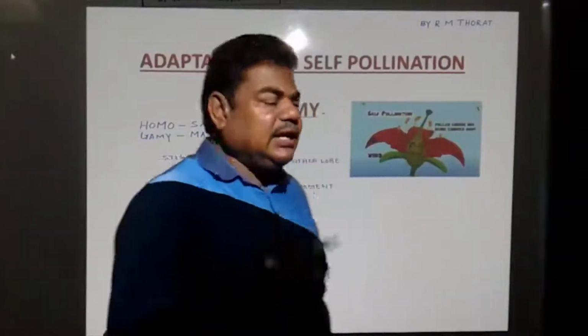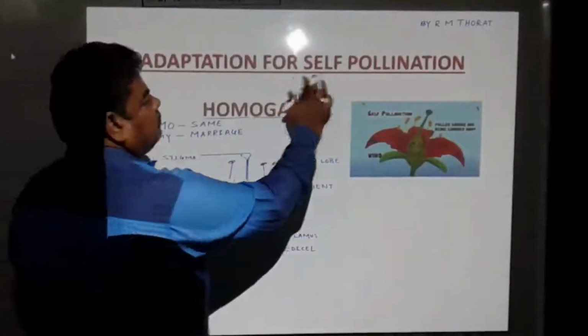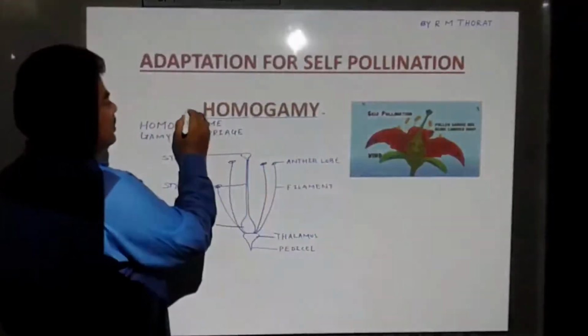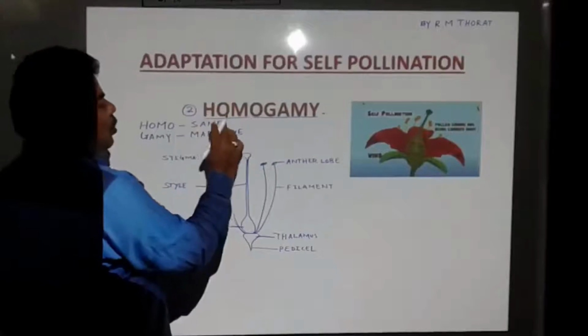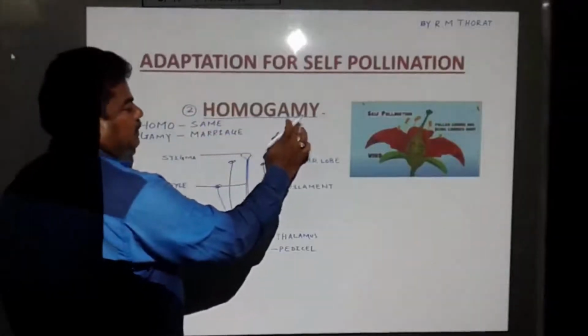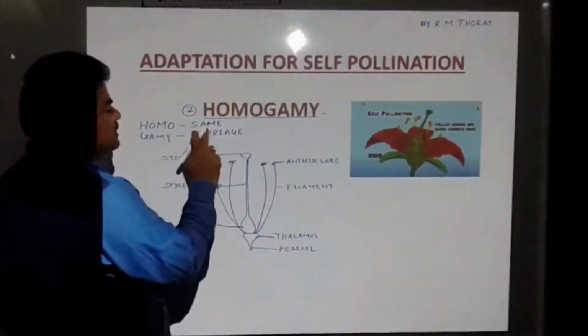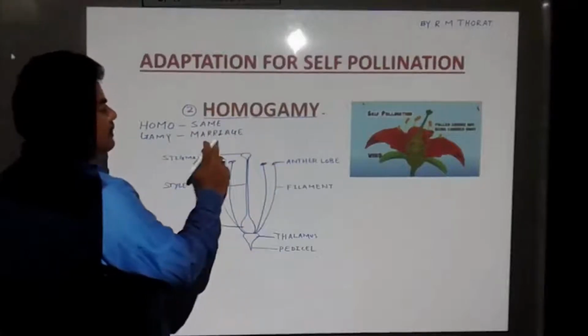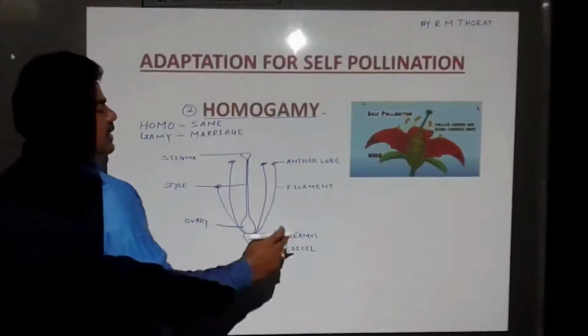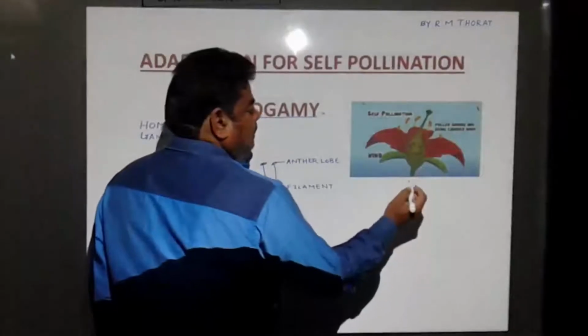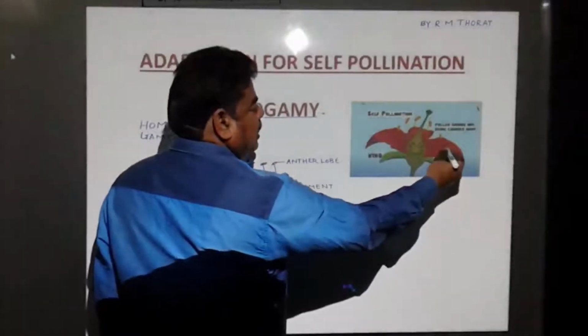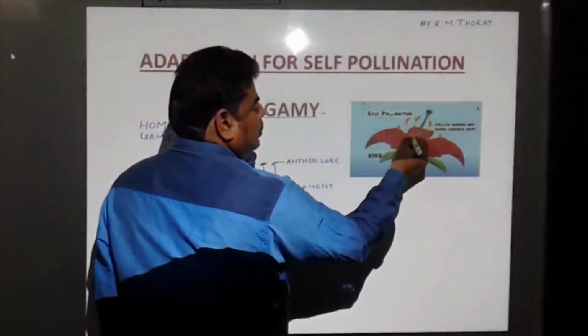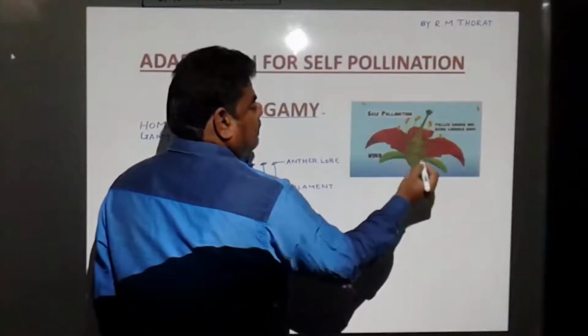Now, the second type of adaptation for self-pollination is homogamy. Here homo means same and gamy means marriage. In these flowers there are the calyx and corolla, and the male reproductive organ we call the androecium.